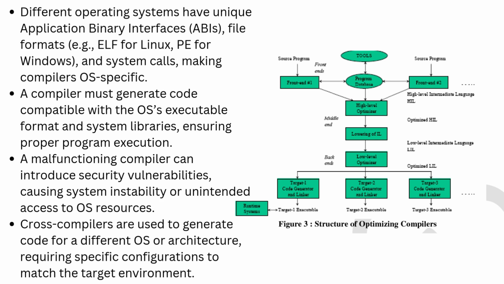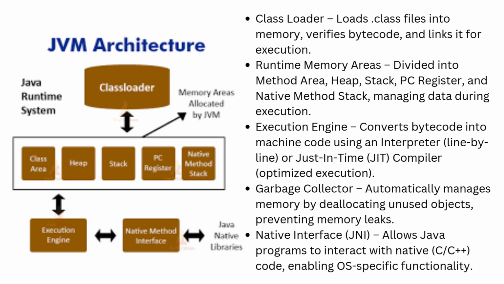Now for JVM, we mainly have three blocks of architecture. First one is the class loader, which loads the class files into memory, verifies the bytecode, and links it for execution. The runtime memory areas are divided into method area, heap, stack, PC register, and native method stack, and manage data during execution.